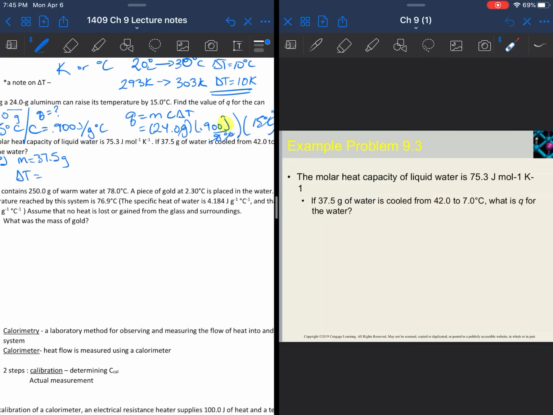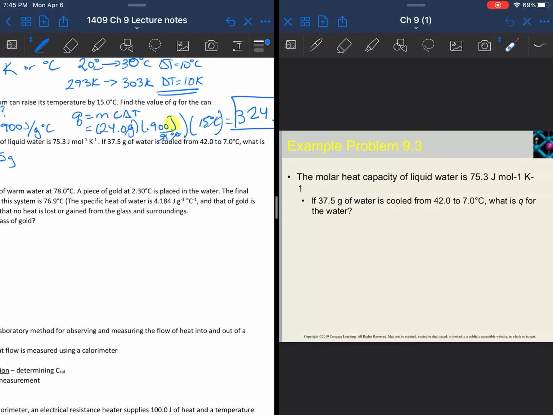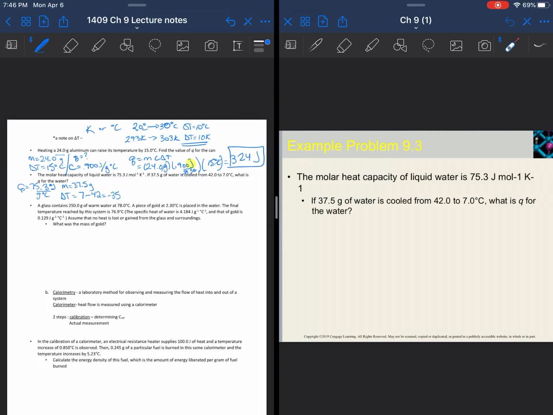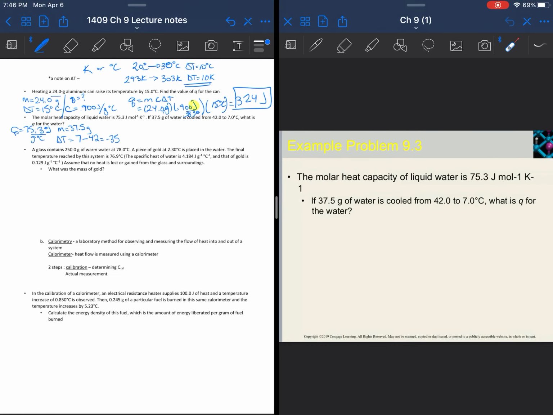We know that we have a mass of 37.5 grams, and we know that our delta T is final minus initial. So in this case, it's cooled from 42 to 7. So it's going to be 7 degrees minus 42 degrees, which is negative 35 degrees. All right, so it's always final minus initial.